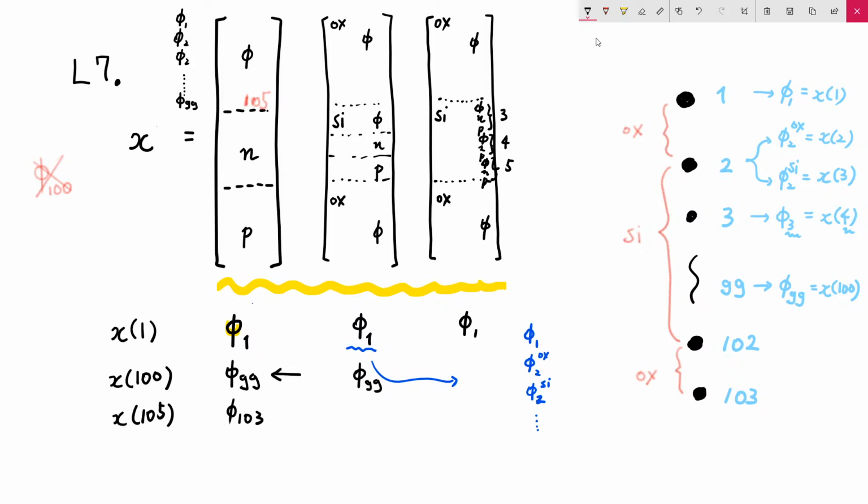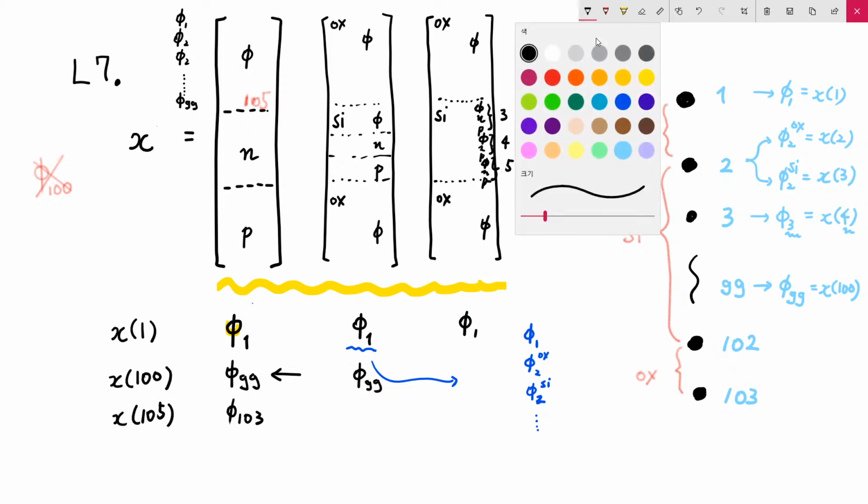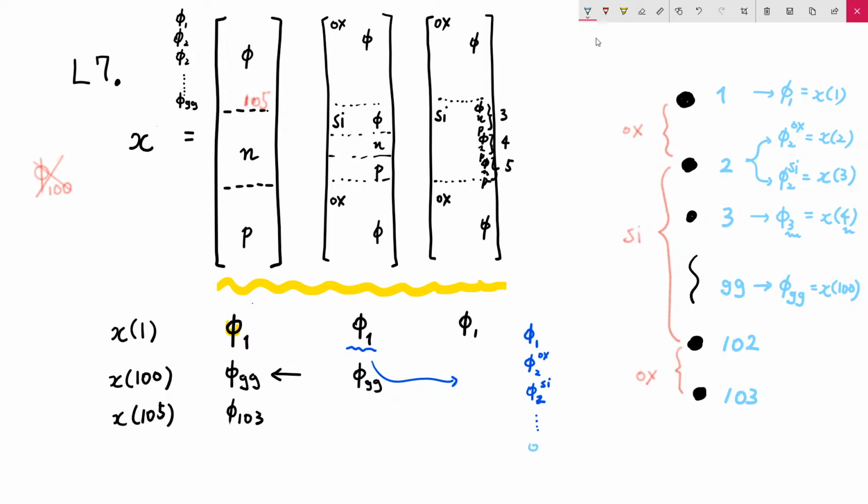We will have, up to phi 102 silicon. So here we have spent two unknown variables, and here we have spent 101 variables.